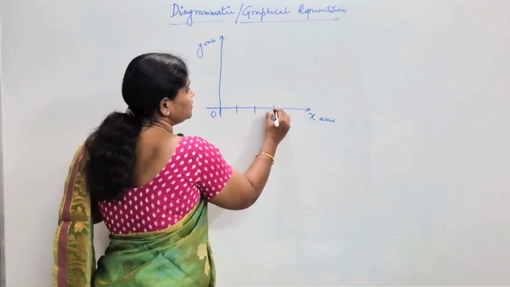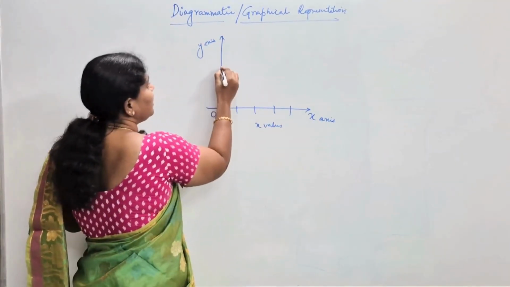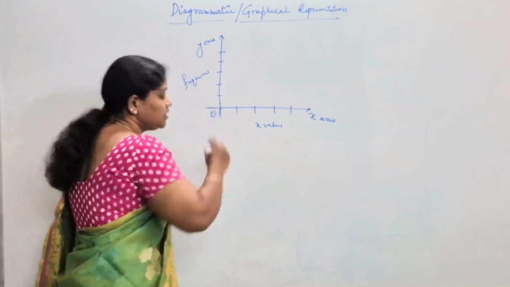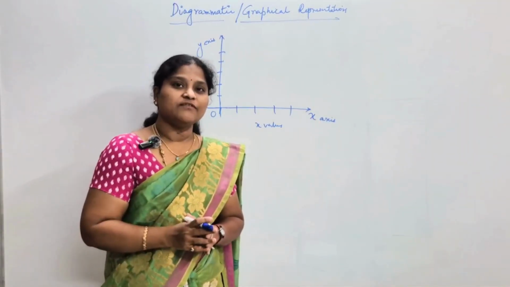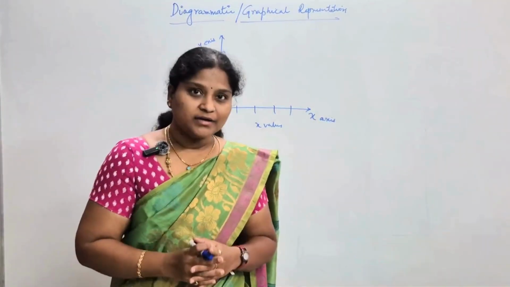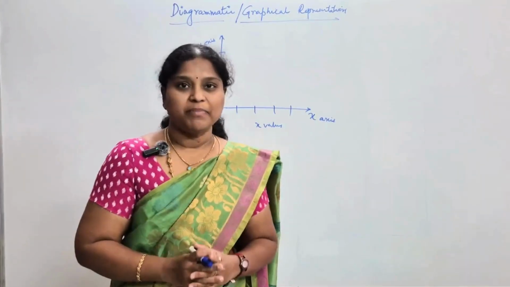Here, the x values will be there, and here we have the frequencies. Now, for representing data on this graph, we generally have different types of graphs like line graph, bar graph, histogram, frequency polygon, and pie charts.